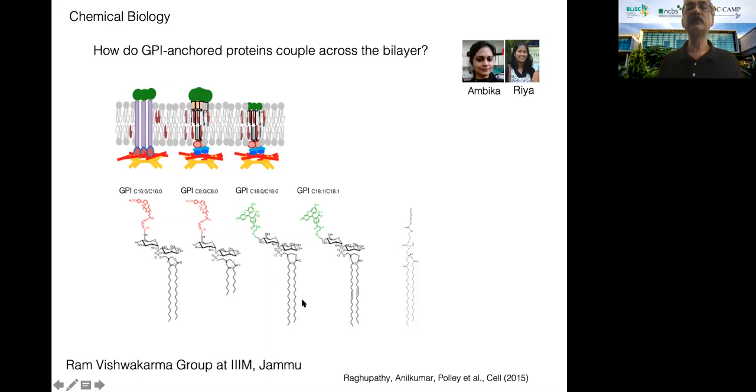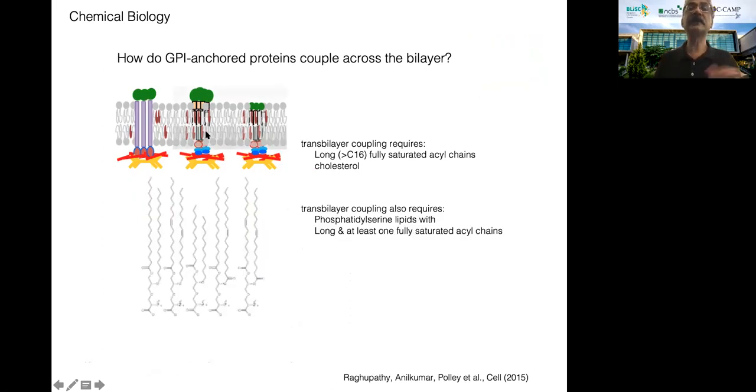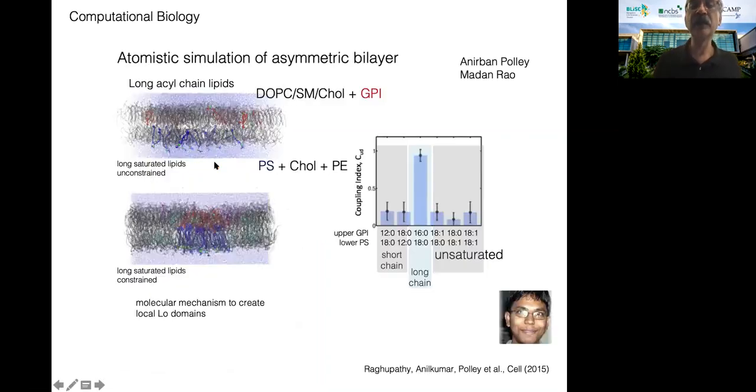And we found that it was only those that had saturated tails, whether it was this type or this type, that formed clusters in the membrane. And they formed clusters, of course, by virtue of interacting with something in the inner leaflet. What was interacting in the inner leaflet were, again, long acyl chain containing phospholipids, like phosphatidylserine, which were forming these links across the bilayer.